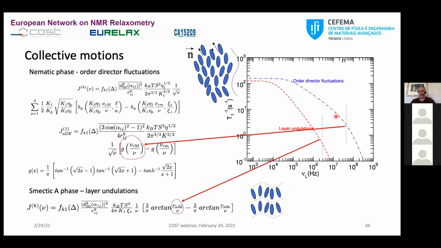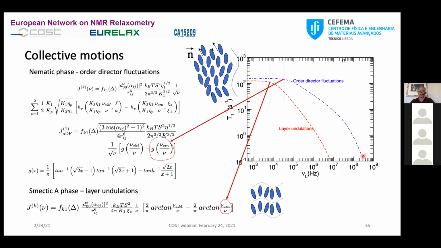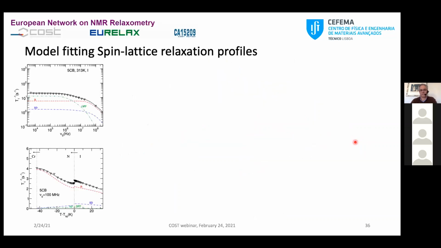And there are these cutoff frequencies, which are the frequencies at which the general trend changes, and the relaxation rate goes to the asymptotic limit. This is for the high cutoff frequency, and this is for the low cutoff frequency. The low cutoff frequency is seen as a plateau, and the high cutoff frequency is a frequency at which the relaxation rate will go as the inverse of the square of the frequency.